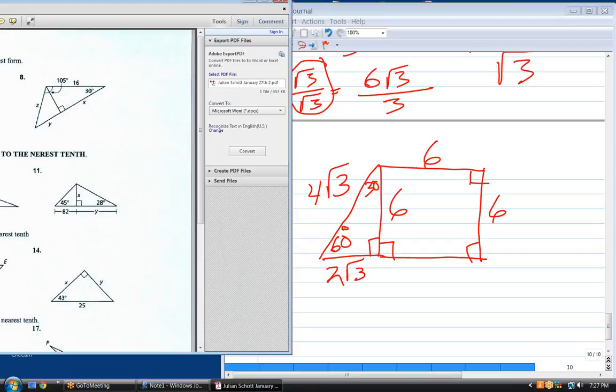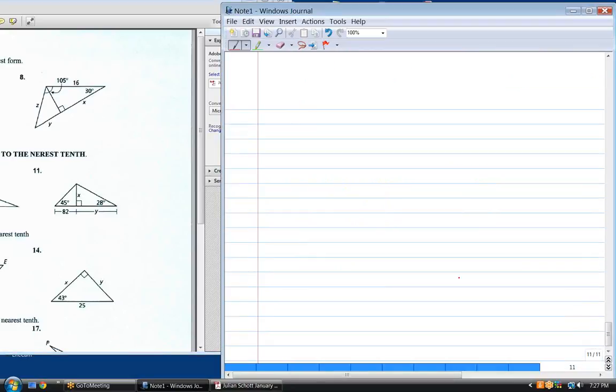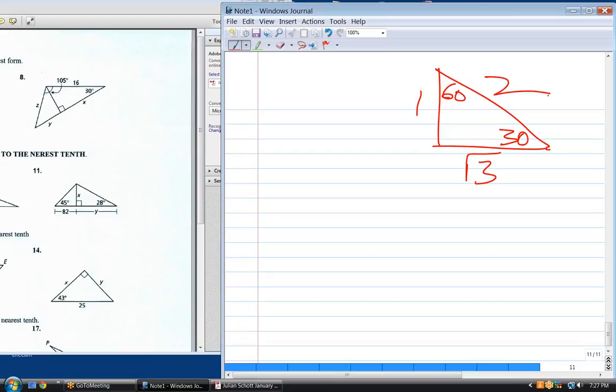Notice that we have a 30, 60, 90 triangle right here. Okay, so let's solve for x. Now let me draw my basic one. I want you to memorize this at some point so I don't have to keep drawing it. Unless you have it memorized, it's hard to figure out the similarity ratios.